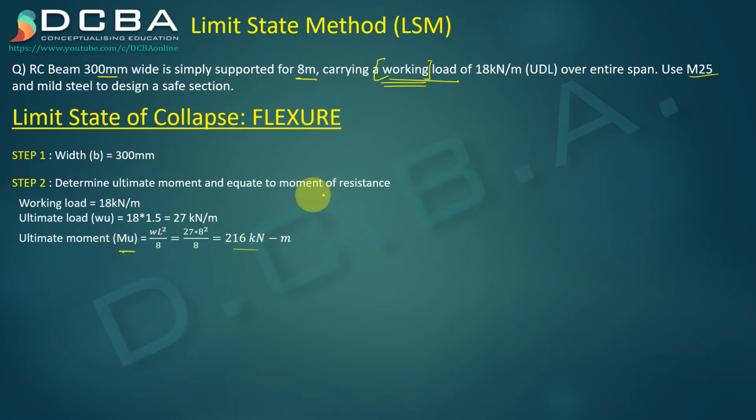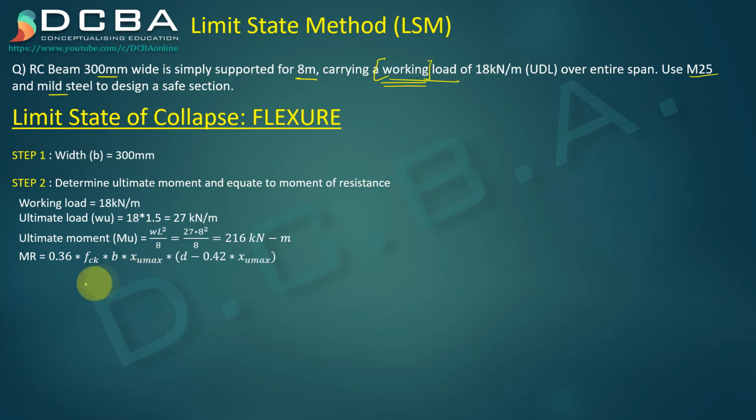And moment of resistance: remember what I told, that we design for a balanced section. So for mild steel, you should know what the moment of resistance for a balanced section is, that is Mu max. We have studied Mu max for different types of steels, right? 0.133 fck b d square, 0.138 and so on.